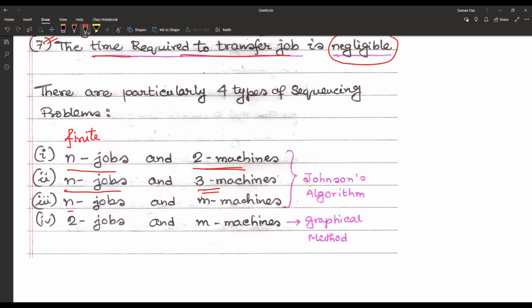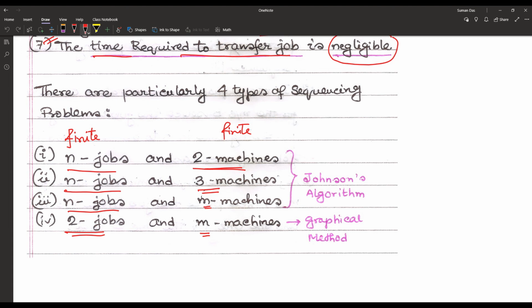Third, n jobs and m machines, where n and m are both finite. And the final one, 2 jobs but m machines. So: n jobs and 2 machines, n jobs and 3 machines, n jobs and m machines, and 2 jobs and m machines.